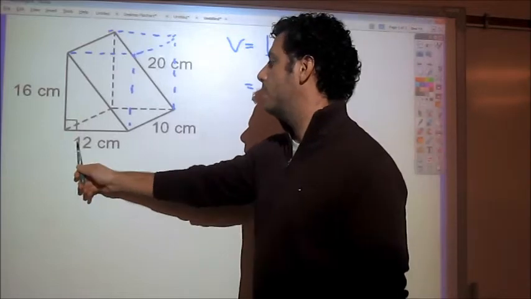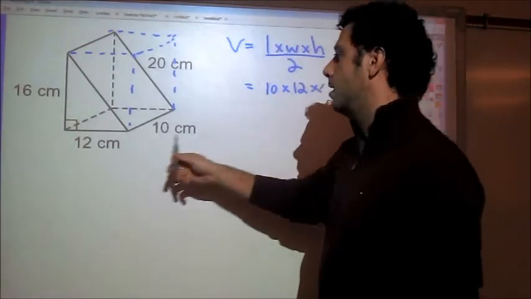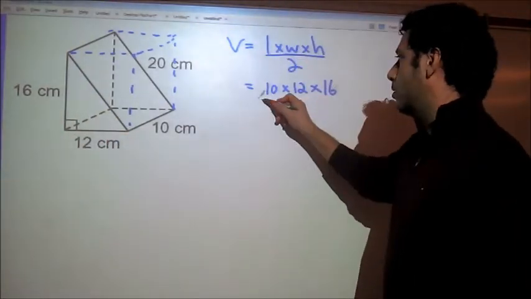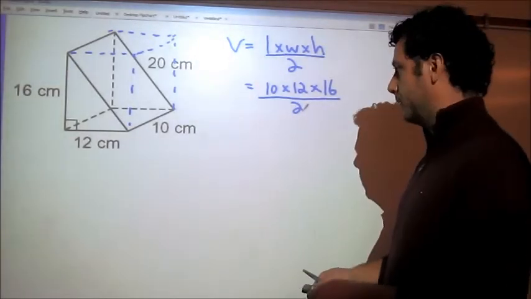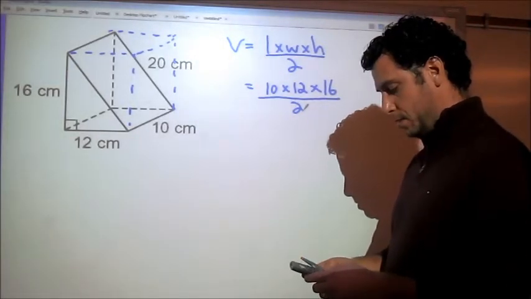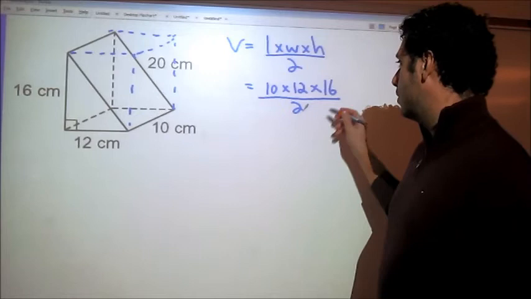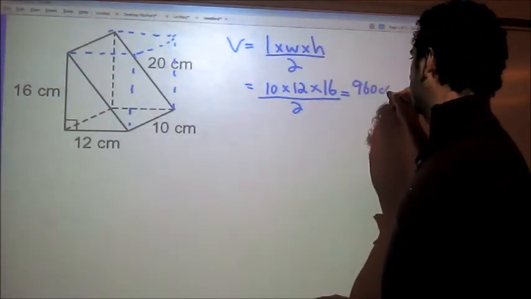The width is 12. And the height is 16. I'm going to divide all of this by 2, which is 960 cubic centimeters.